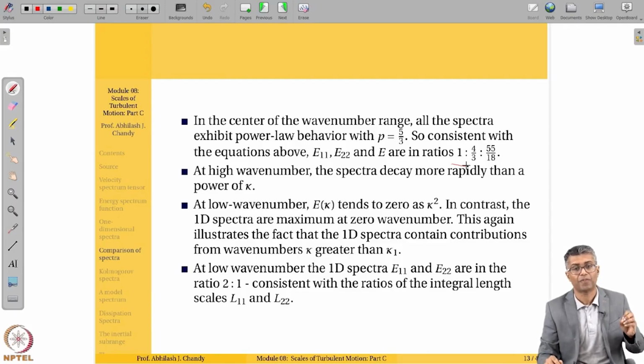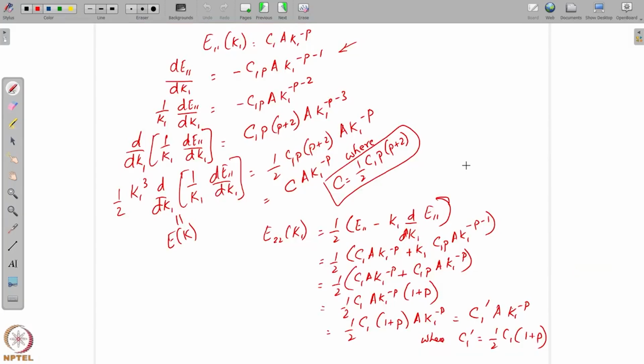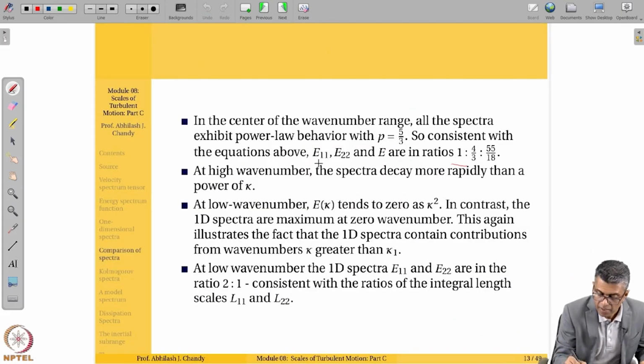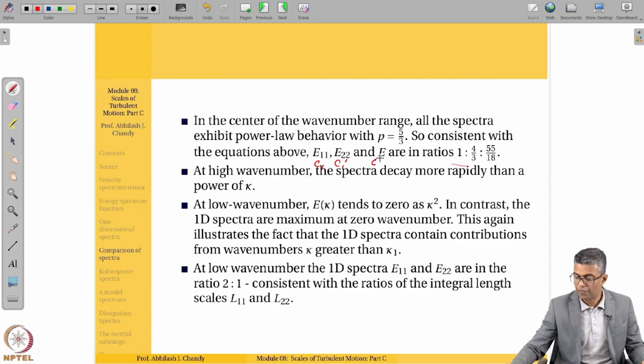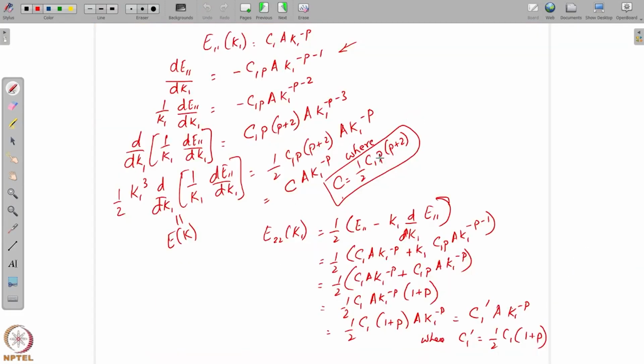And that comes from the values of C1, C1 dash and C. This is basically C1 : C1 dash : C. And if you remember, C is half C1 P times P over P plus 2.